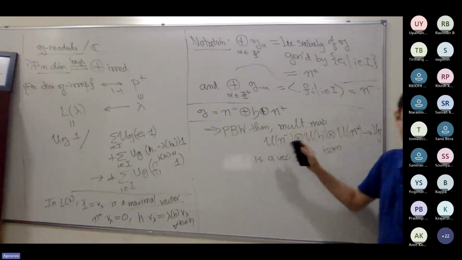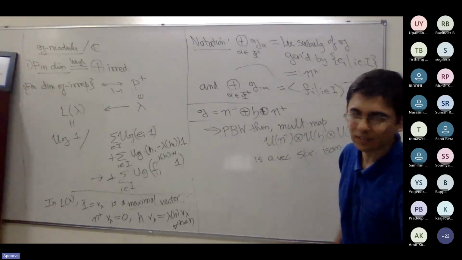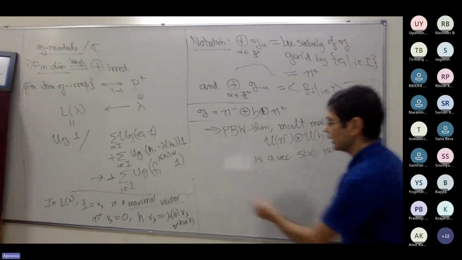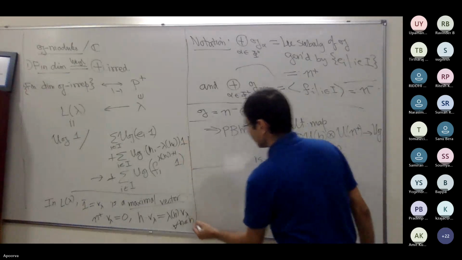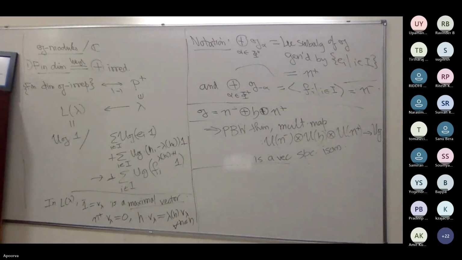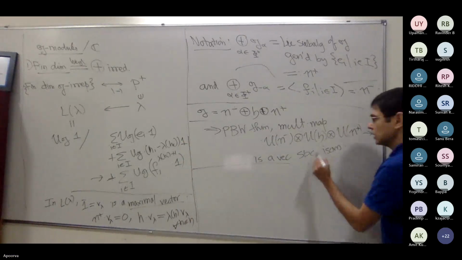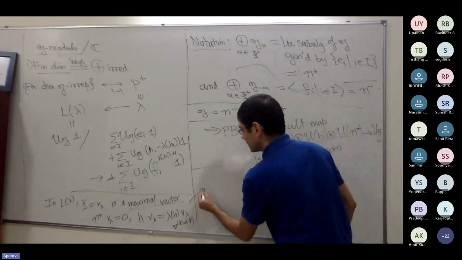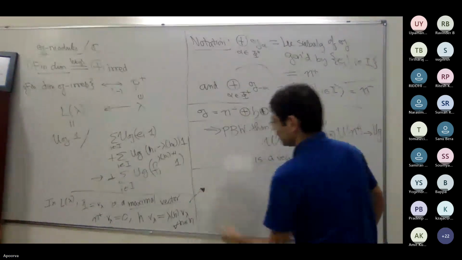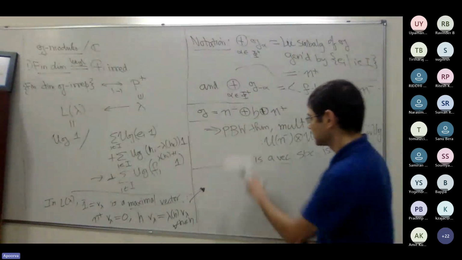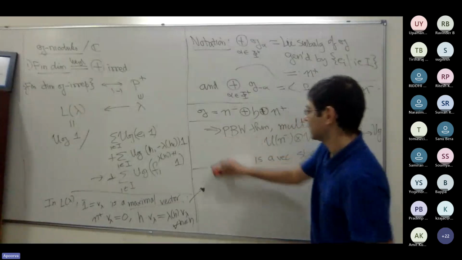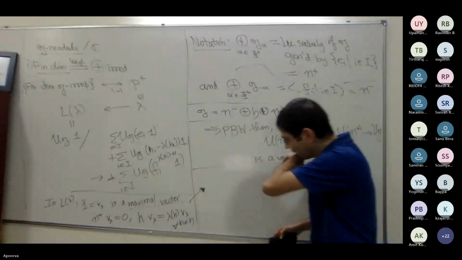This isomorphism is what we will use. I am recapping things that we have seen before. Actually, one thing I will use is this isomorphism when we talk about elements of the center.